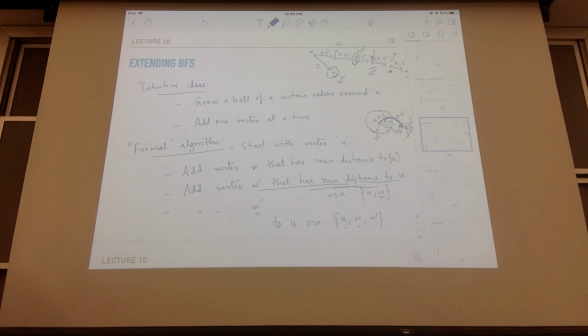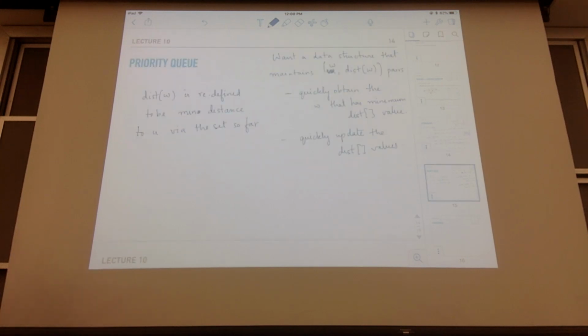In the first iteration I find the W that has the minimum distance to U. In the second iteration I find the W prime that has minimum distance to U via W and U itself. The next step you have U, W, W prime. And you keep doing it, right? At each step you have a set so far, and dist of W is now defined to be the minimum distance to U via the other set.